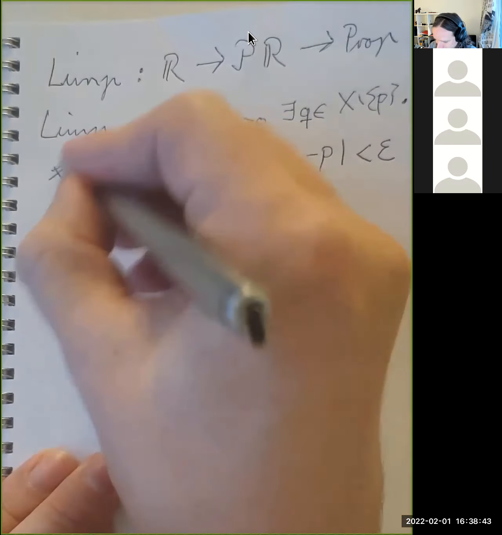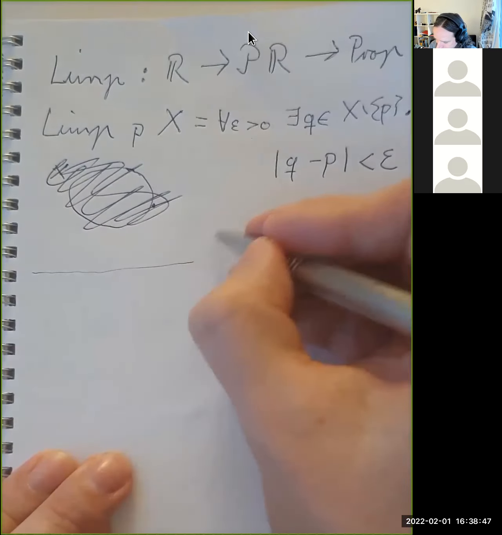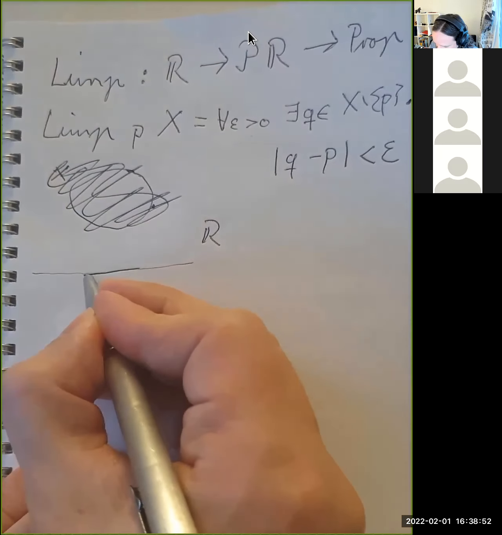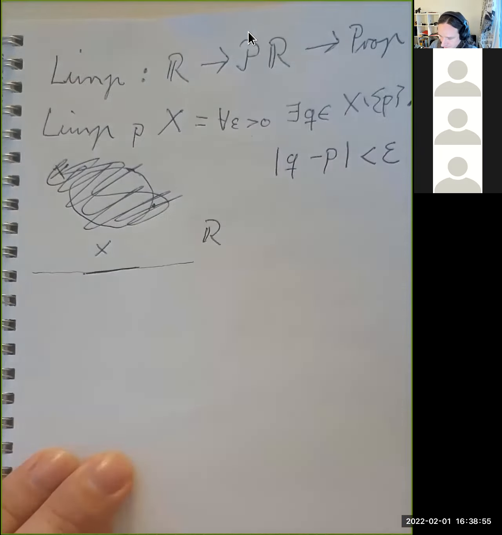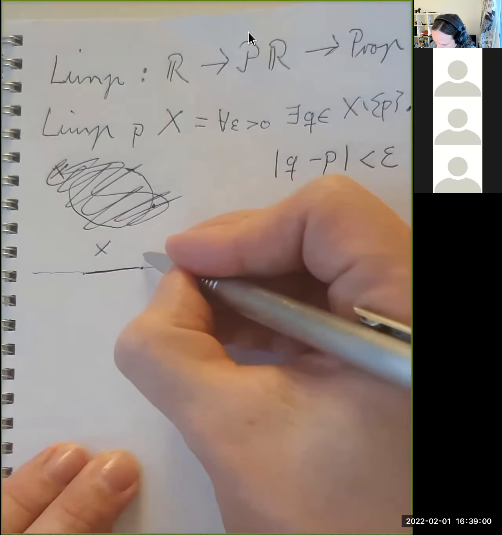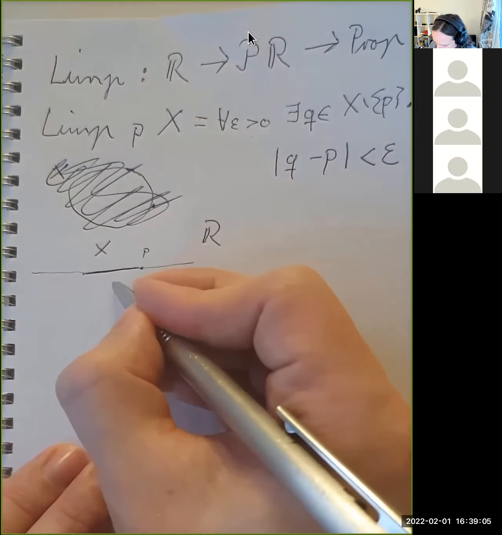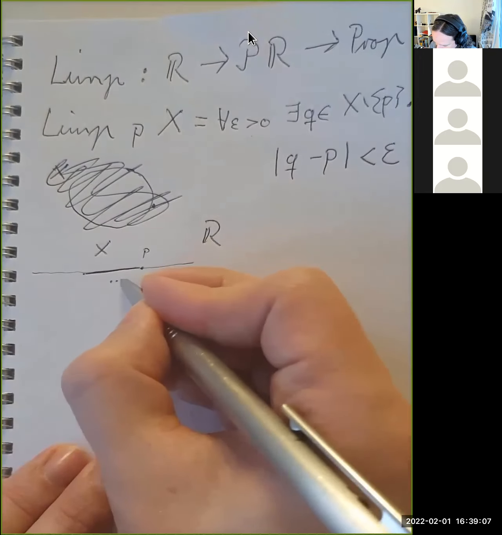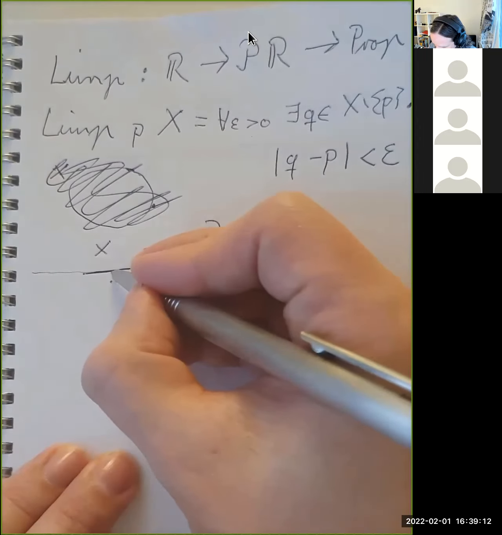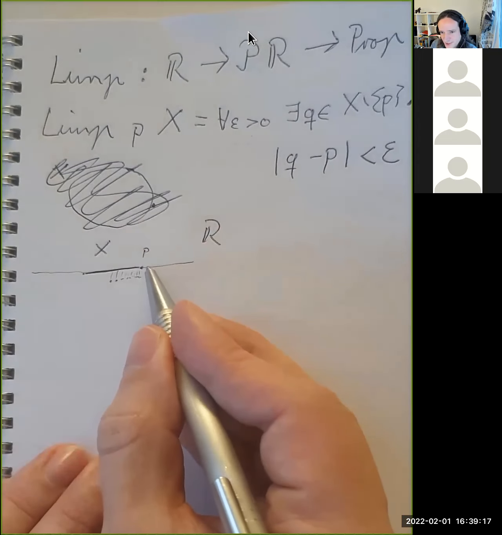Okay, so we have the real line and some subset X. And now the idea of a limit point is, if this is P here, then you should be able to find a sequence of points in X which converges to this point.